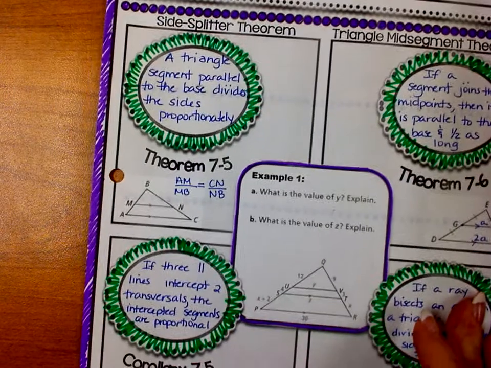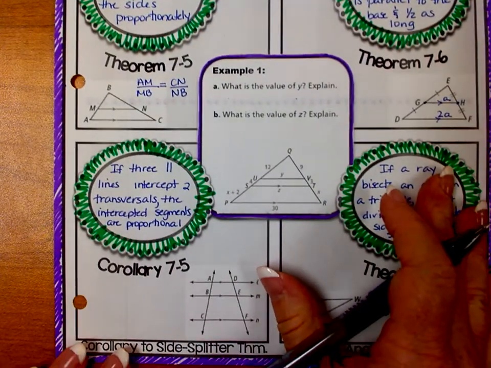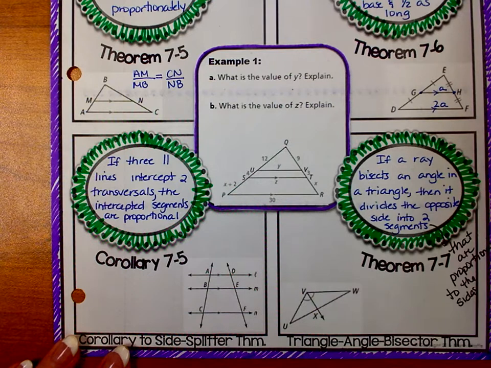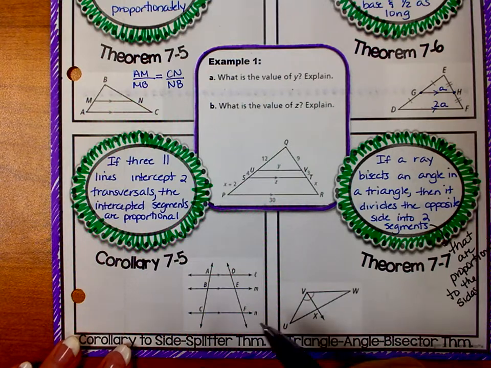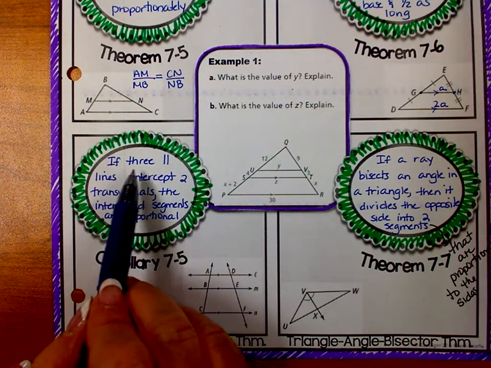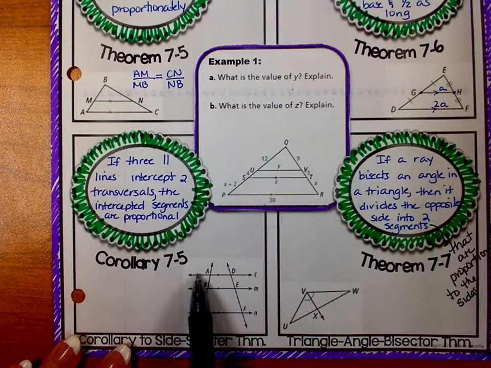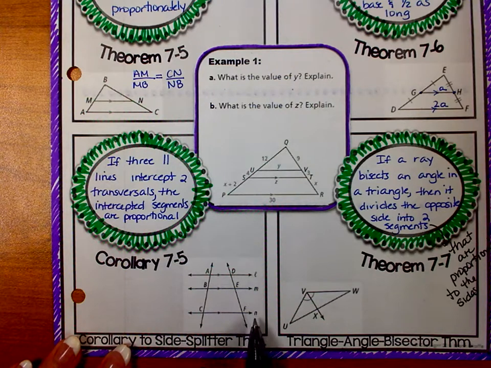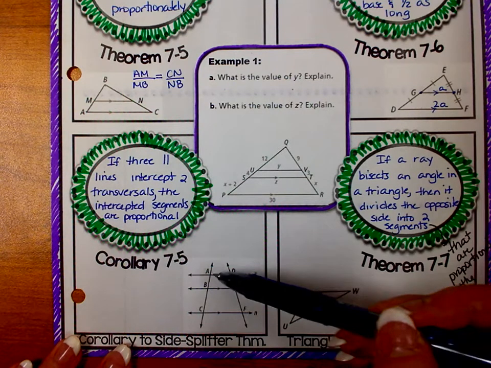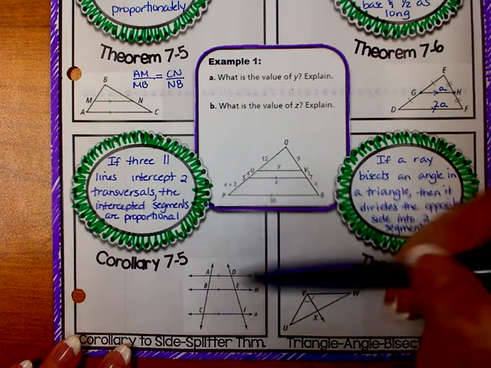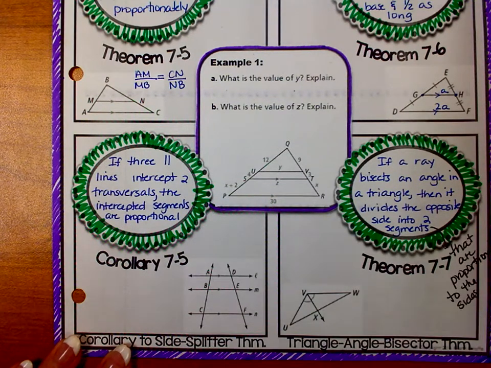All right, let's take a look at the corollary to the side splitter theorem, or corollary 7.5. And this one says, if 3 parallel lines, so 1, 2, 3, are intercepted by 2 transversals, okay, so right here and right here, then they're proportional.